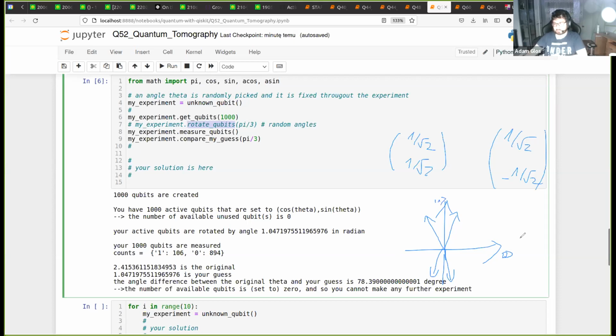So how can you check whether, let's first focus on these 2 states. Since we know both of these possibilities, we can take the one with the smaller angle and rotate it along the alpha.